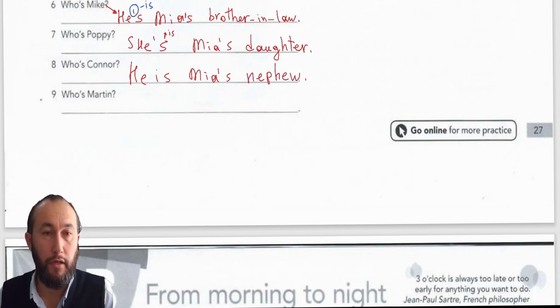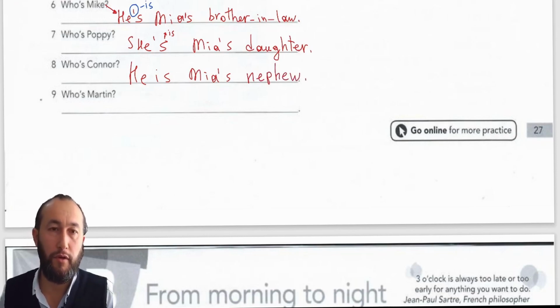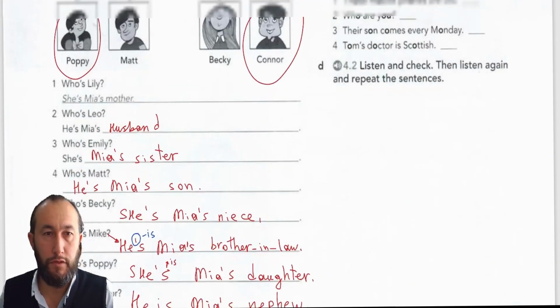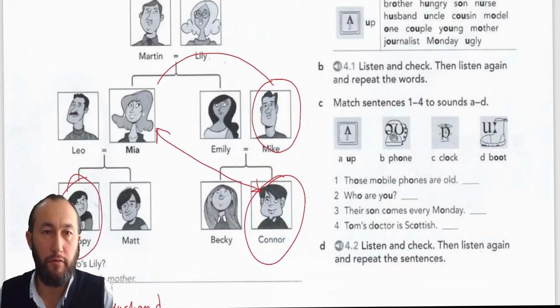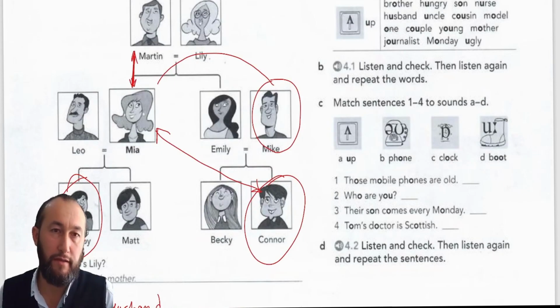Nephew. Okay. And who is Martin? All right, we're going to check Martin. Where's Martin? Oh yeah, Martin at the very beginning. So the relationship between Martin and Mia: obviously, Martin is the dad. So the father. So he is Mia's father.